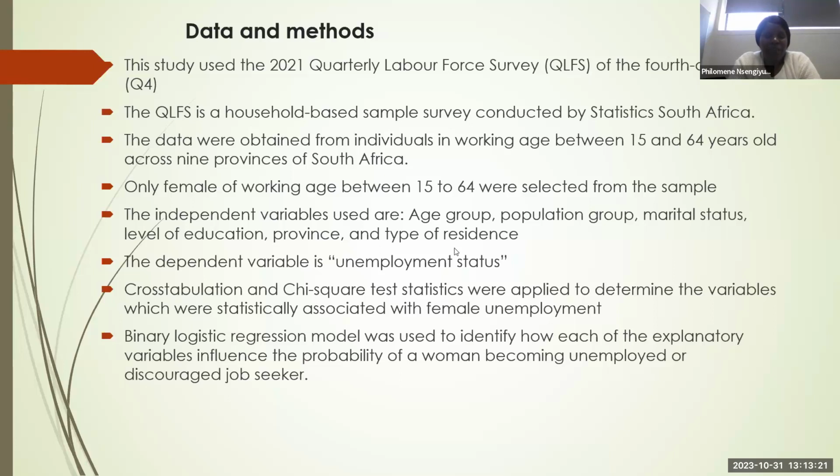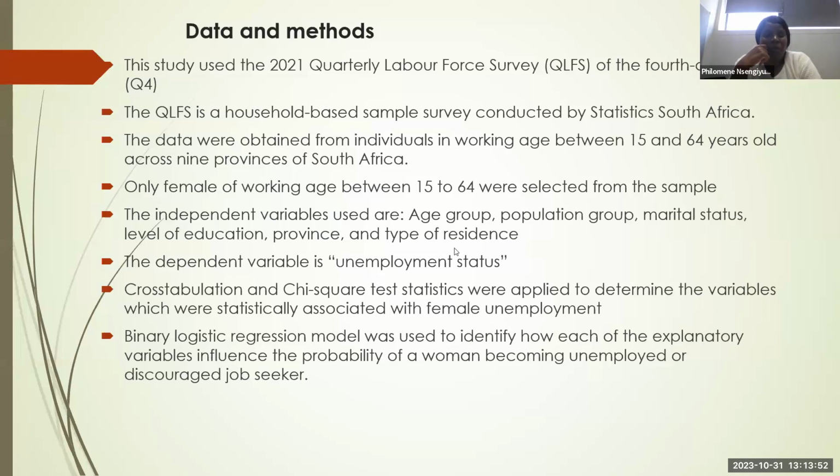Then cross-tabulation and the chi-square test statistic were applied to determine the variables which were statistically associated with female unemployment. So I checked the relationship between these independent variables and the dependent variable to see if there is a relationship between the two, and I also went further to identify the factors contributing to female unemployment.